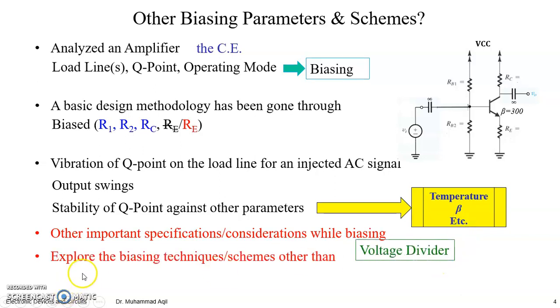So we will explore other biasing schemes or techniques other than voltage divider bias, right? And we will also see how the voltage divider biasing scheme can also be made stable against these parameters.